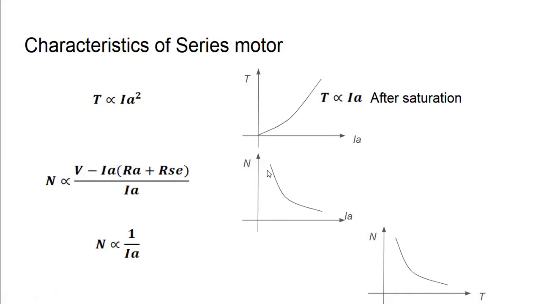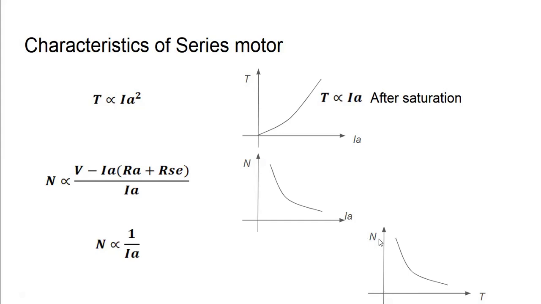So we can see that the speed is inversely proportional to IA, and hence we get the hyperbolic characteristics. The characteristic between speed and IA for the series motor will be of this shape.